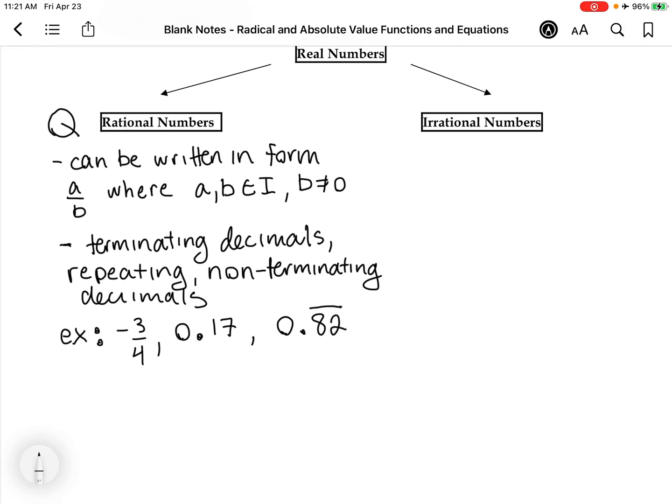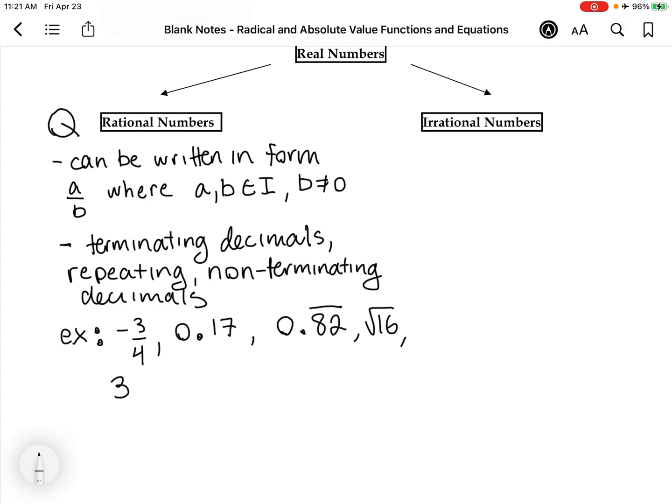Okay, this symbol on top means that those two digits 82 keep repeating, so it's 0.828282, etc. The square root of 16, because that simplifies to 4. Something like 3. That's rational because it can be written as 3 over 1. Okay, these are all rational numbers.